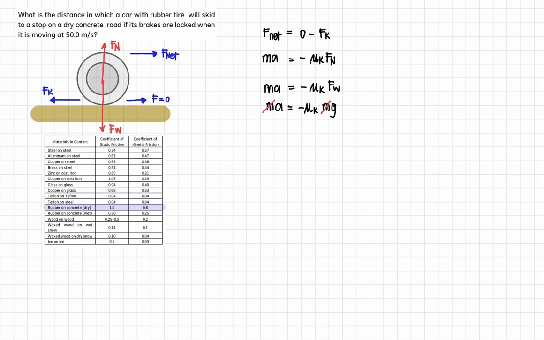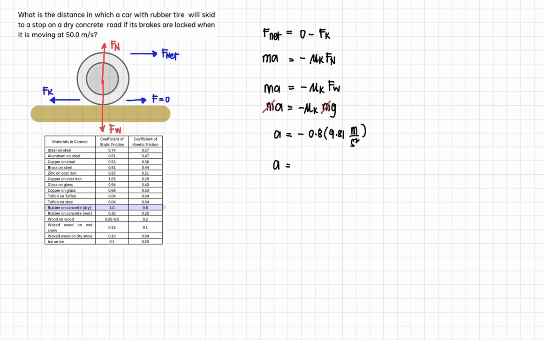And so the acceleration of the tire at that time is negative. Our mu K is 0.8 from the table times 9.81 meters per second squared. So it is negative because it is decelerating.